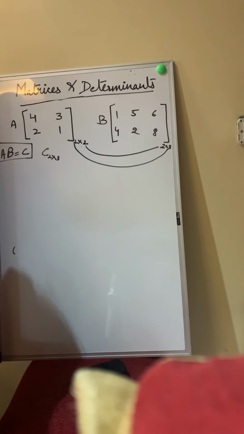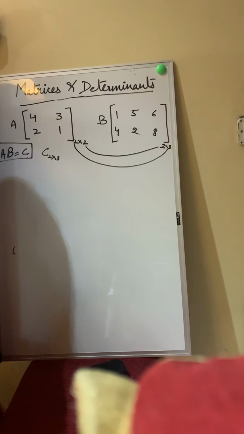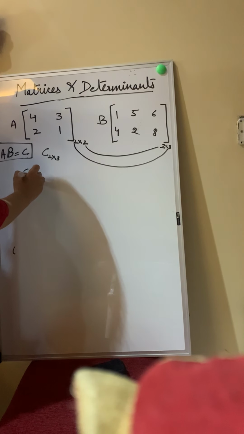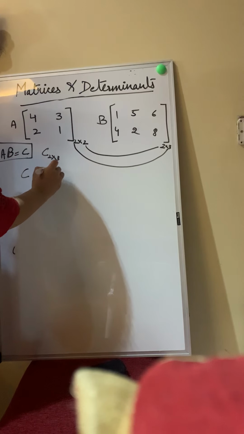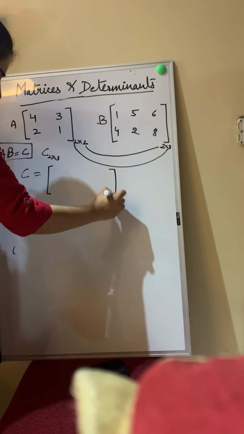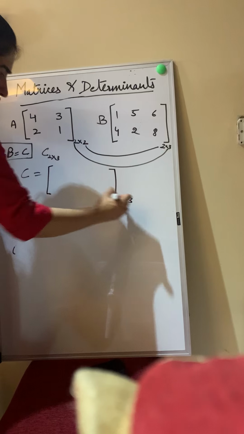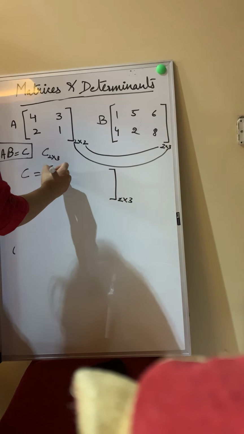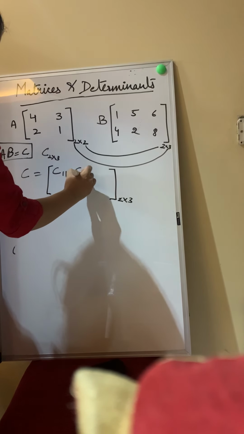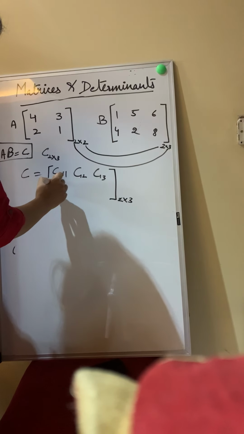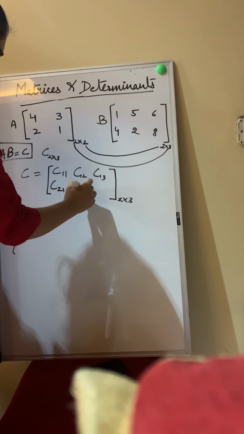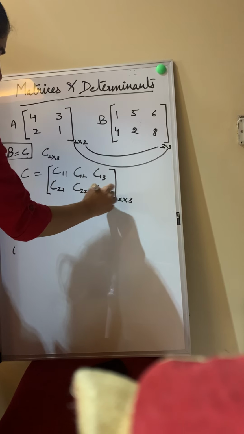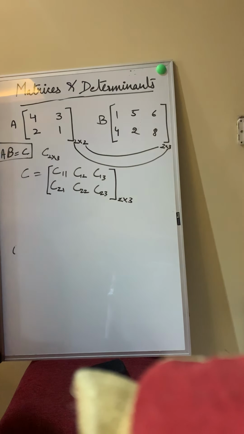Now we have to calculate the value of the elements of matrix C. As we know, this will have the order of 2:3, so C11, C12, C13, C21, C22, C23. We have 2 rows and 3 columns.